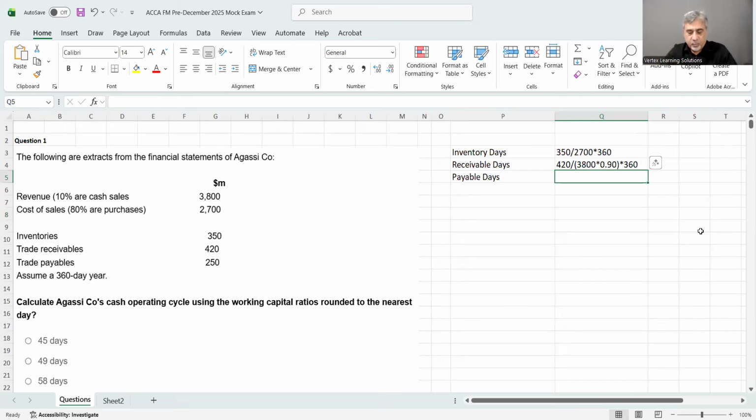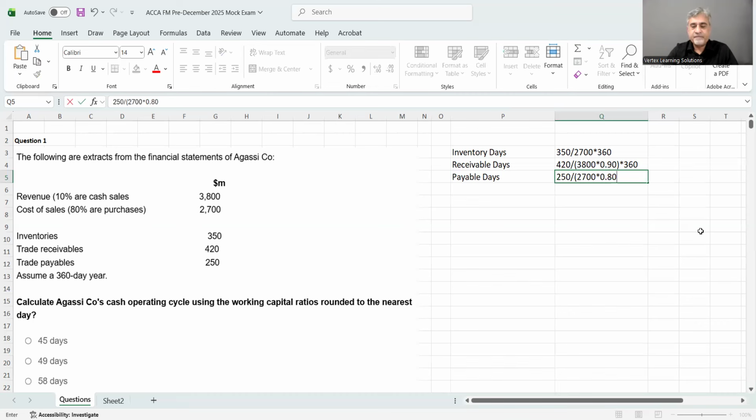Similarly, for payable days, I need to do 250 divided by my cost of sales, which is 2,700, but that includes labor and other things as well. The money which we owe to our suppliers for purchasing raw materials is only 80%.